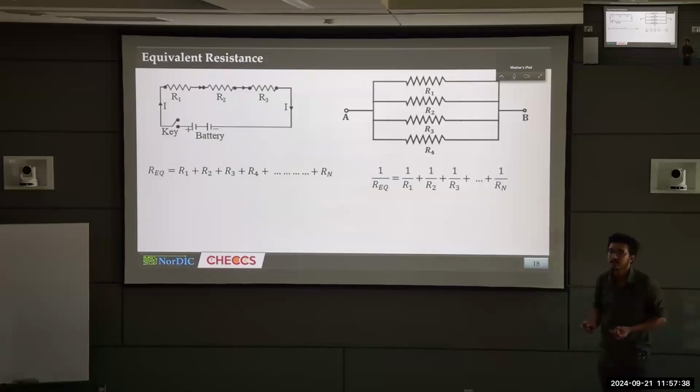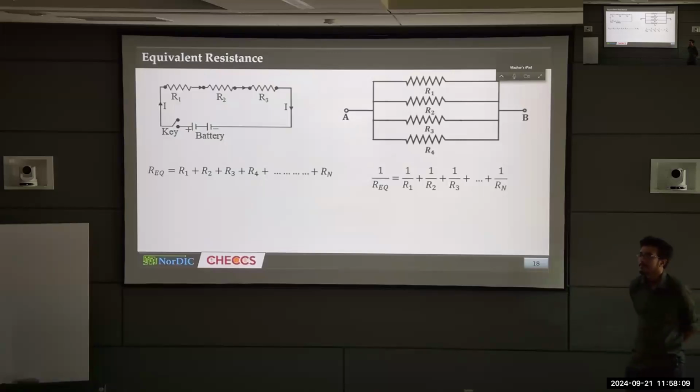Let me try to say it a different way. I have lots of cars. They are going to the highway. I know if I have one lane, I'll have problems, right? So what do we do? We have many lanes on the highway. Some cars will go here, some cars will go there, and so on. So in this case, the one to the right, I will put many lanes in parallel.